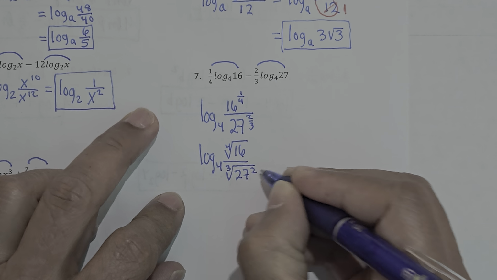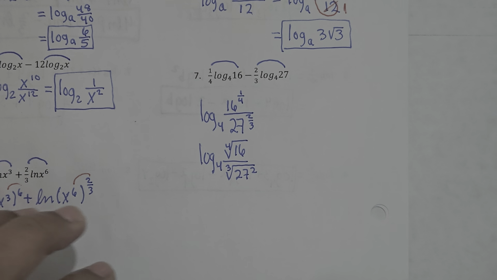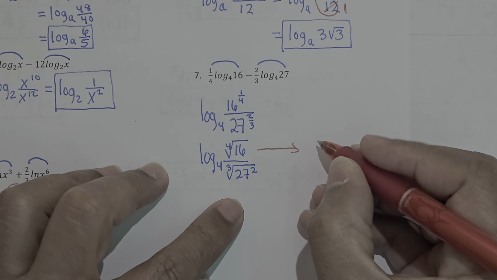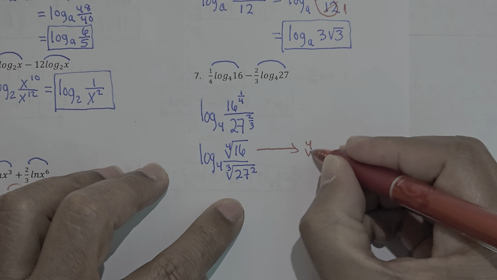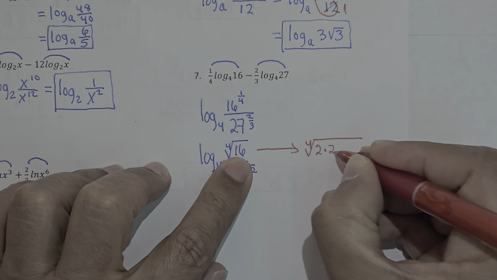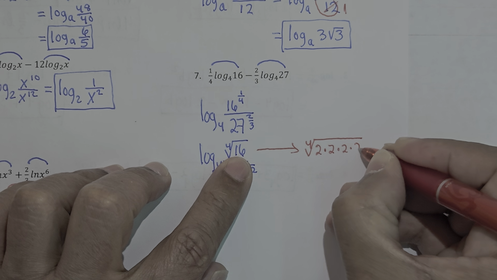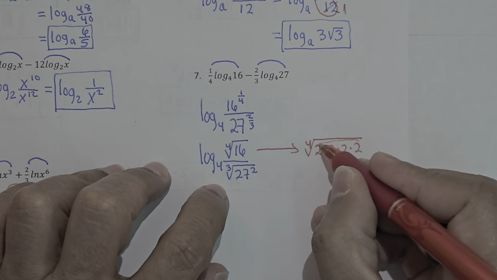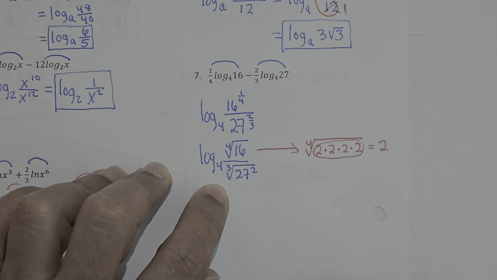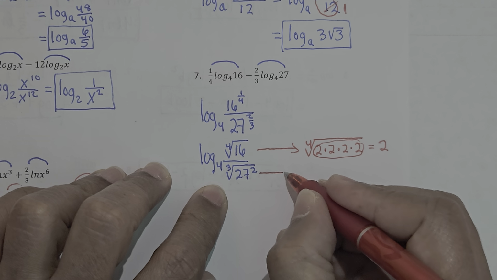27 squared. Okay, but then what I'm going to do is I'm going to simplify this. So this is the 4th root, and the prime factors of 16 are 2 times 2 times 2 times 2. Since we have 4 2's, that means we can take out a 2, so there is no radical left. Okay, and the same thing here.